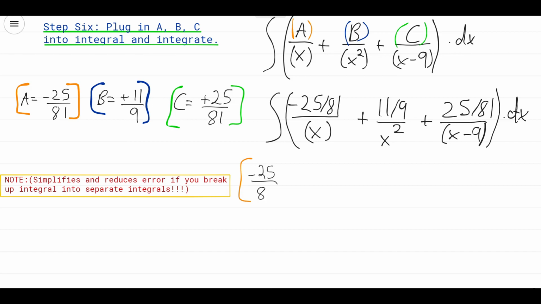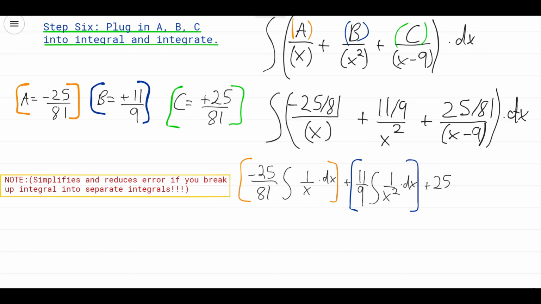So negative 25 over 81 times the integral of 1 over x dx plus 11 over 9 times the integral of 1 over x squared dx plus 25 over 81, the constant, times the integral of 1 over x minus 9 dx. Notice how I matched the bracket colors with the respective terms. So this is with respect to a, with respect to b, and with respect to c.